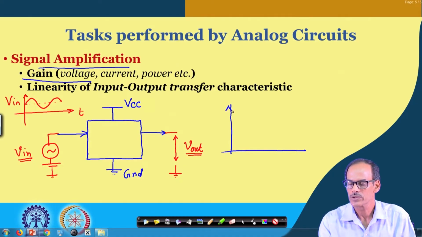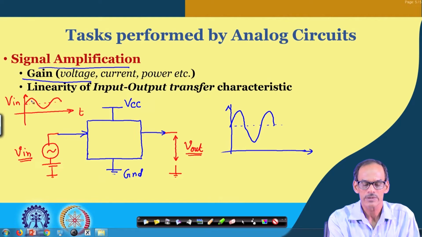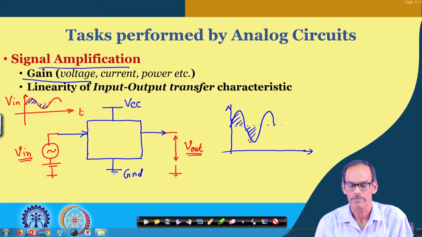So, V out may have its own DC level, which may be different from the DC voltage you have here, and we expect the corresponding output to be an amplified version. So, this is the signal part, this is the signal part. That same signal is coming here, but in amplified form.